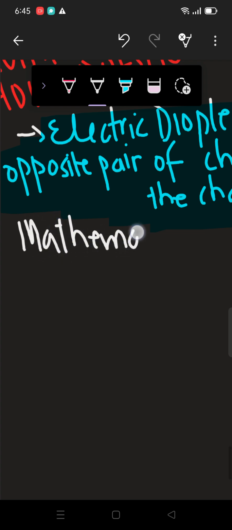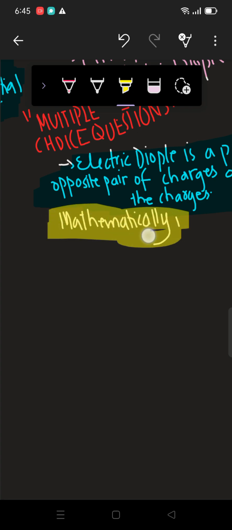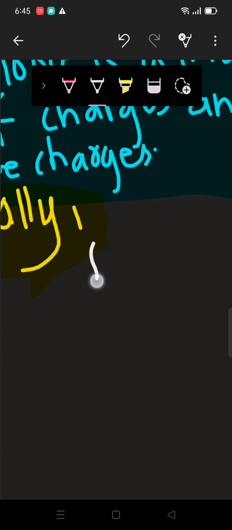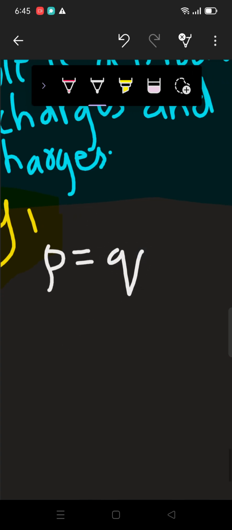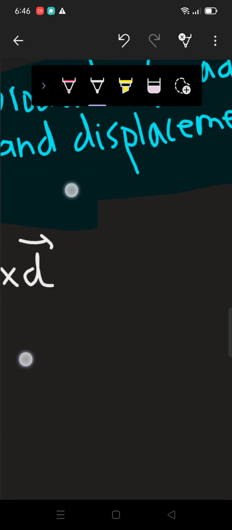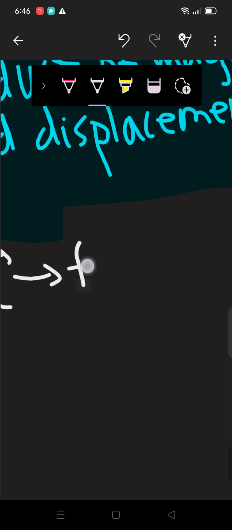Mathematically, it can be written as P is equal to, because we know that the electric dipole is denoted by P, the magnitude of the opposite pair of charges times the displacement.